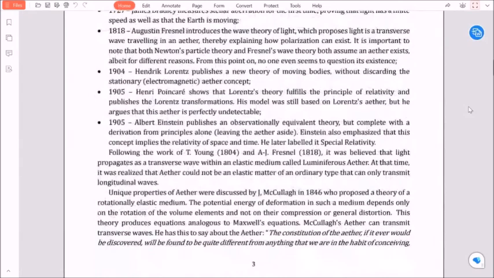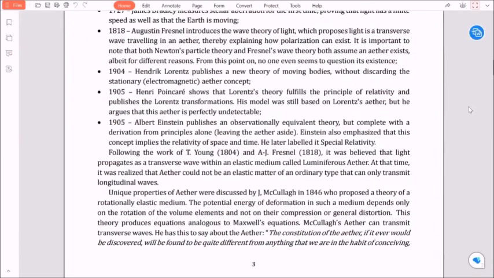1904, Hendrik Lorentz publishes a new theory of moving bodies without discarding the stationary electromagnetic ether concept. 1905, Henri Poincaré shows that Lorentz's theory fulfills the principle of relativity and publishes the Lorentz transformations.